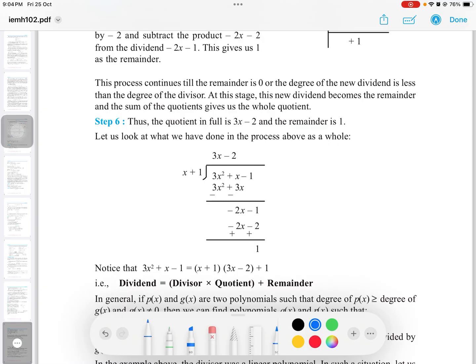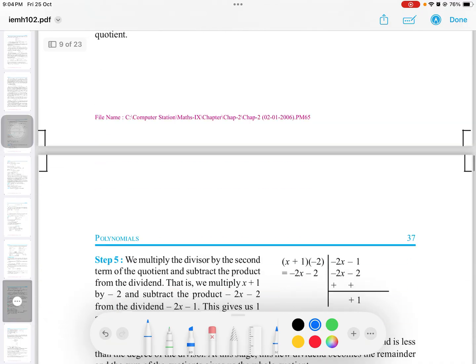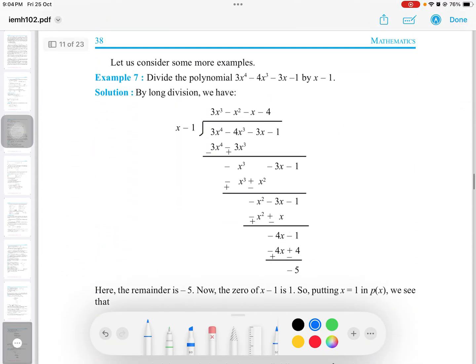Okay, let's get into the topic now. Let's take the numbers. Okay, now if I divide this polynomial, now tell me, is this a polynomial or is this an algebraic expression?